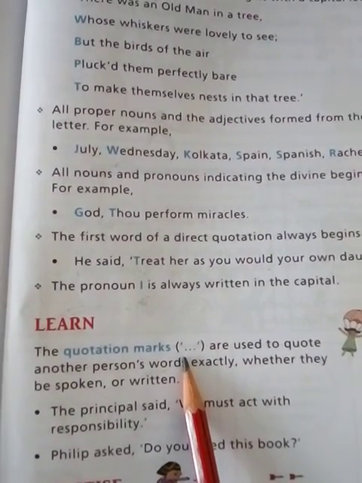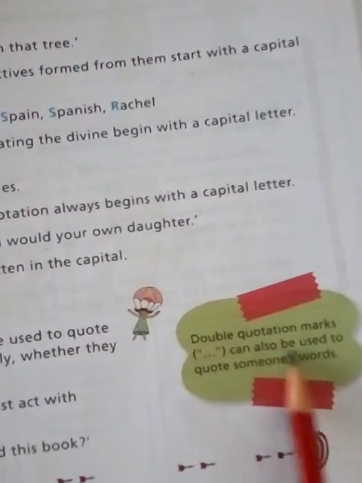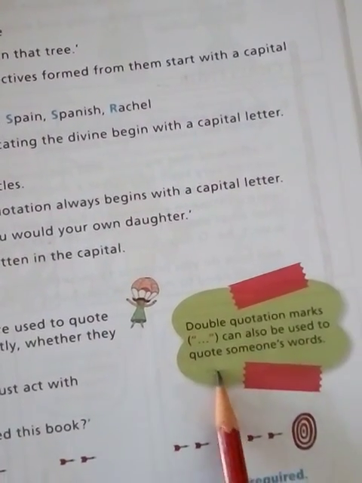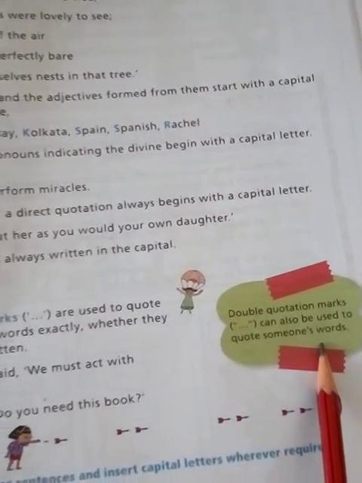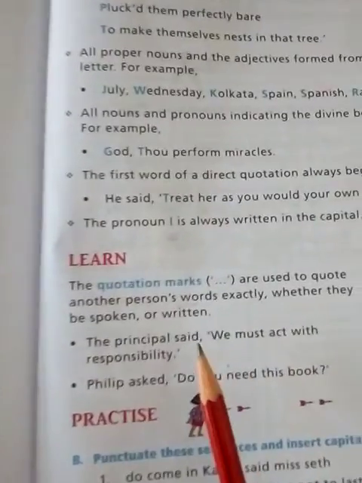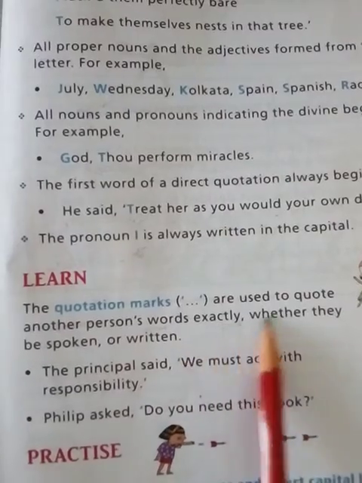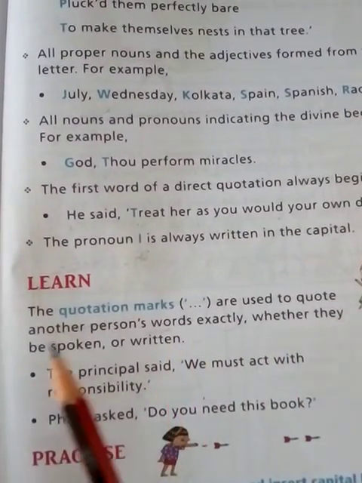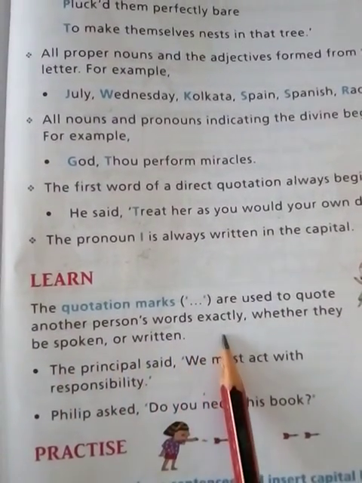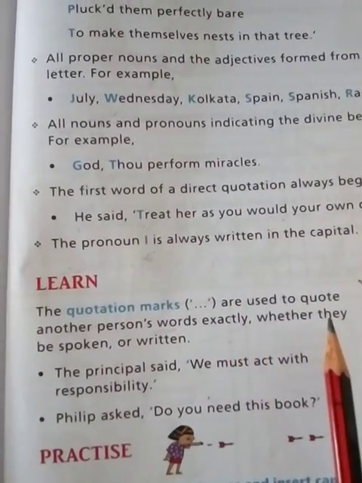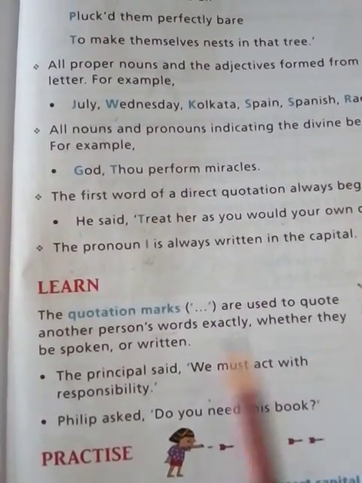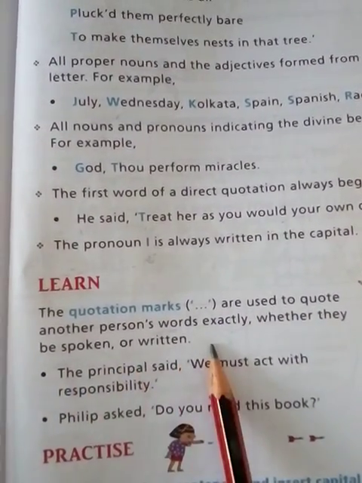Double quotation marks can also be used for someone's words, the speaker's words. We use this in a direct sentence. Quotation marks are used to quote another person's words exactly as they were spoken or written.